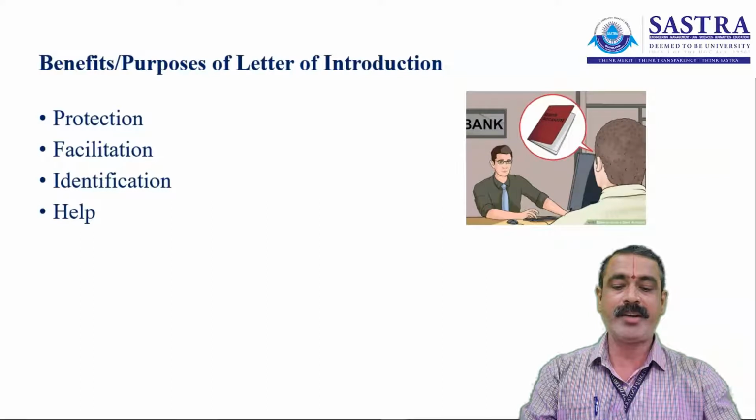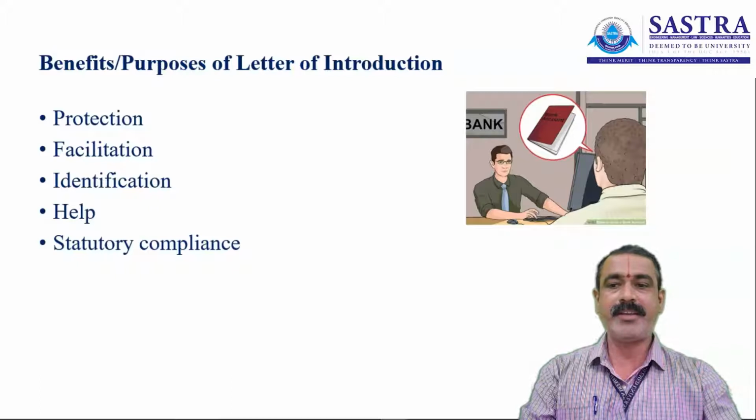Helping to provide correct financial information about the customer, so that the letter of introduction will say about the customer completely, and for what purpose he is coming and opening the account. Then statutory compliance is another benefit or purpose for which the letter of introduction is insisted. Obtaining the statutory protection. So these are the benefits and purposes for which the letter of introduction is insisted by the banker.